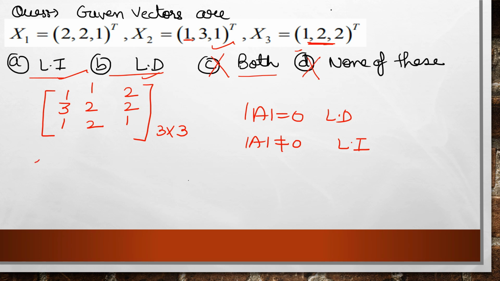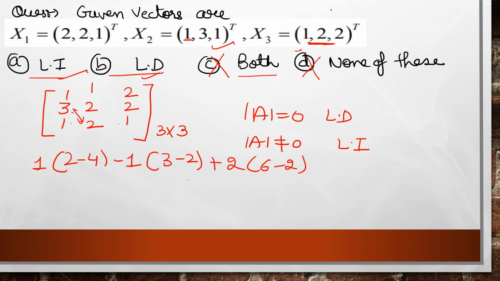So let's find it. 2 minus 4 minus 1, and then we'll have 3 minus 2, plus 2, and then you'll get 3 times 6 minus 2. I'm just concerned with whether this answer is non-zero or 0.